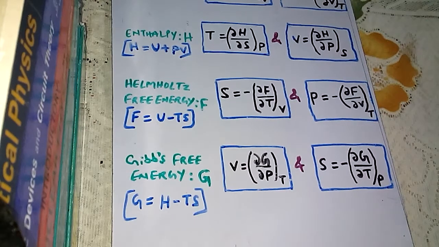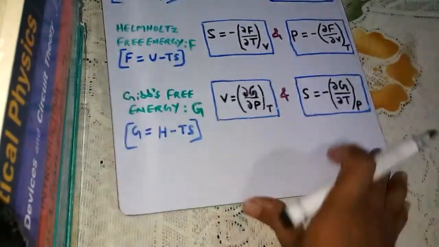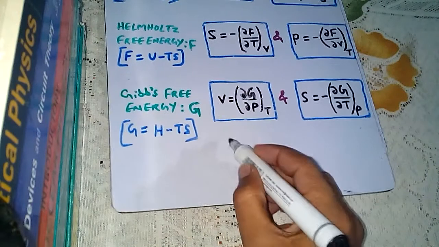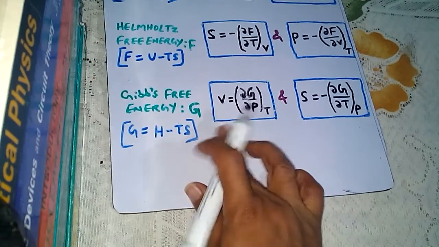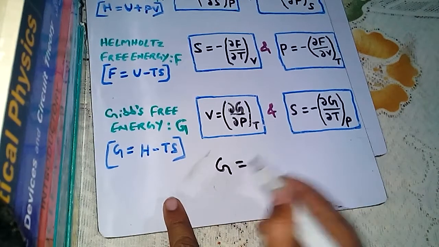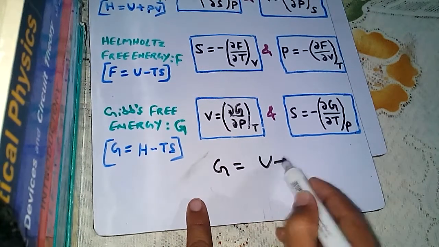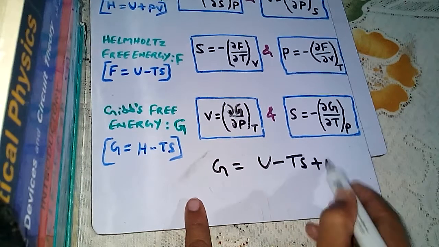Now for that, let me write down the given expression. G equals U minus Ts plus PV. In our problem, it has been given G equals U minus Ts plus PV.